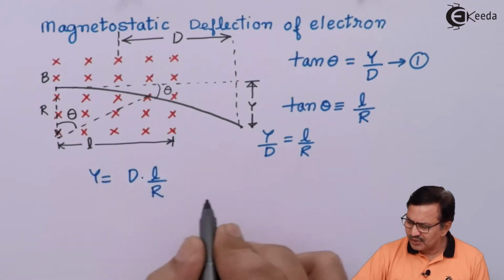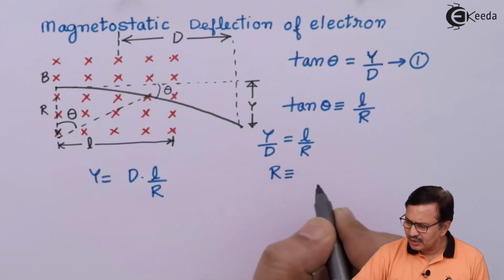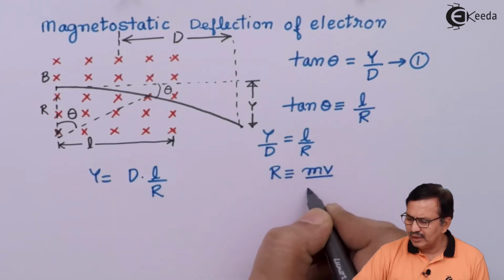So the radius expression, we know that R is equal to mv upon eB.